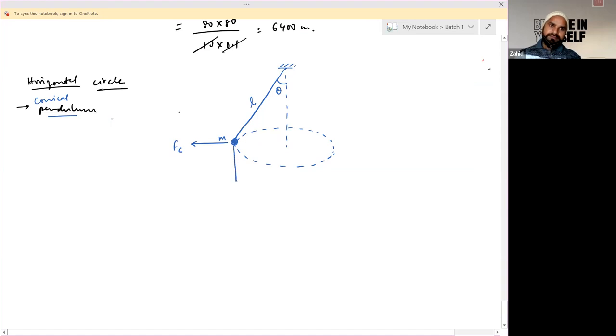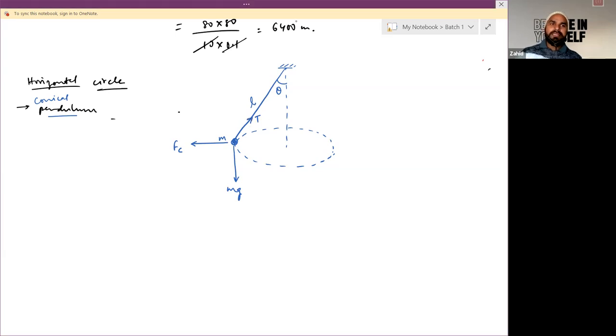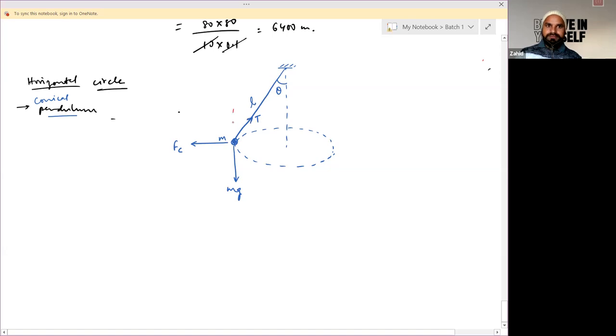Vertically downward due to gravity, it will be mg. And in this string, there will be tension opposite to this point of contact like this. So if you break its component along this path and along this path, if this is theta, this will become T cos theta, and this will become T sin theta.